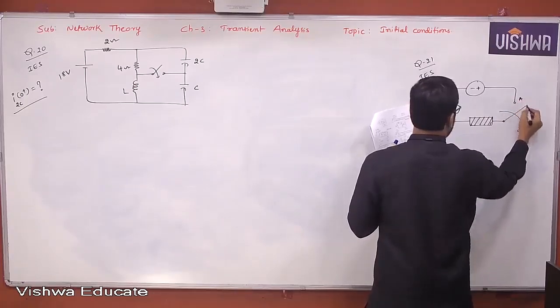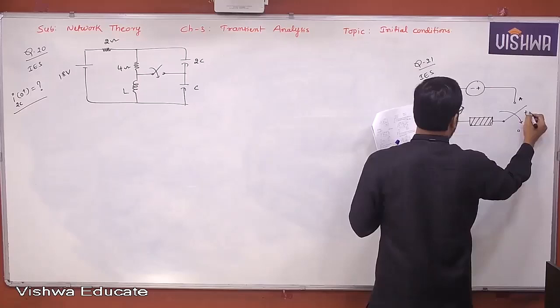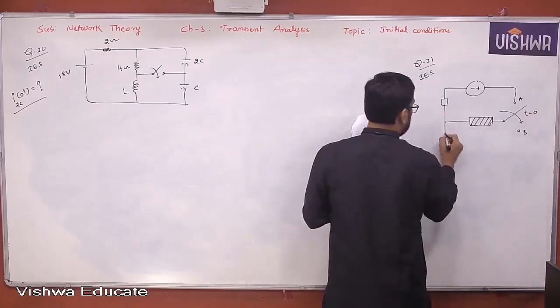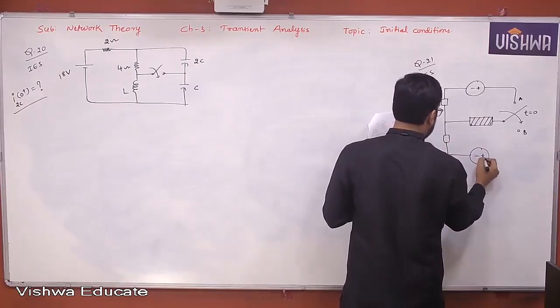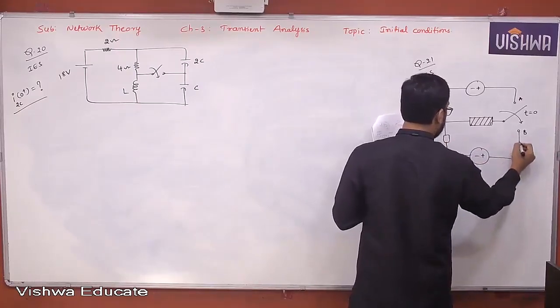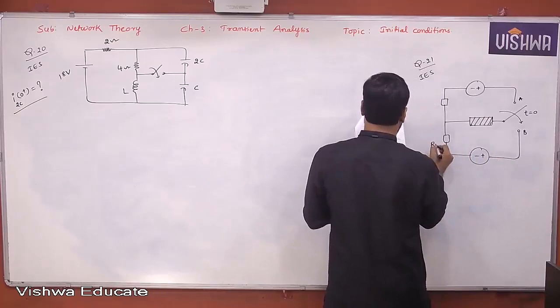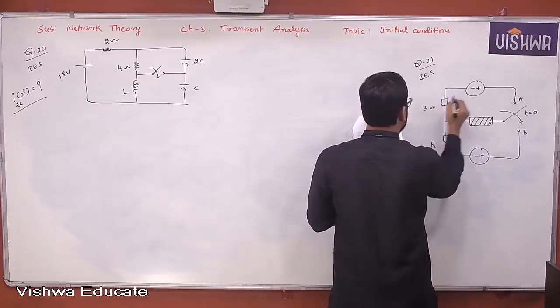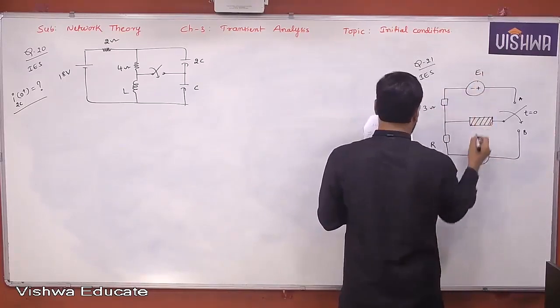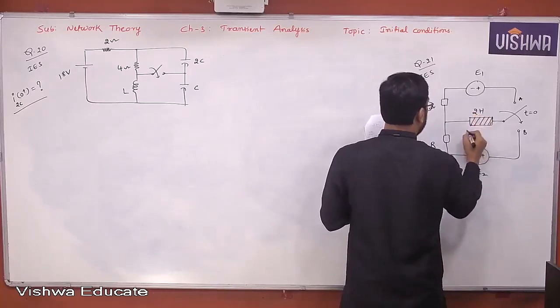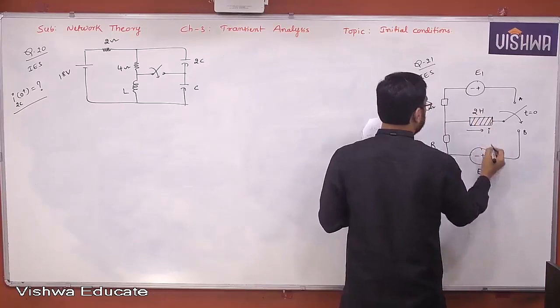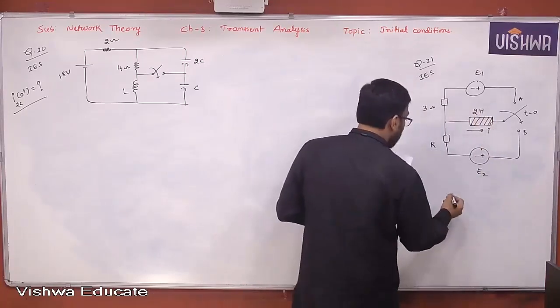This is A, this is B, t equal to 0. This is capital R. This is 3 ohm. E1, E2. 2 henry. This is I. What is given actually here?